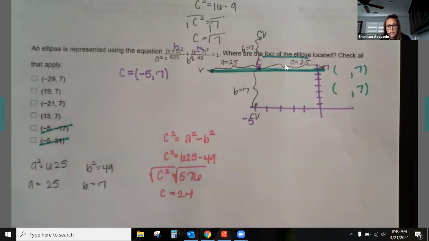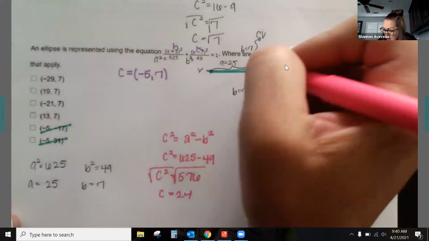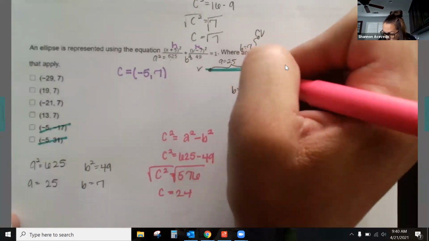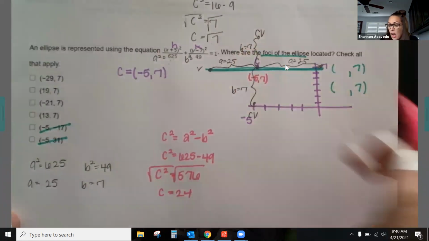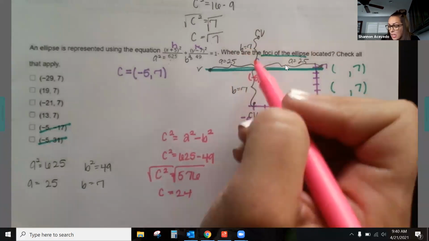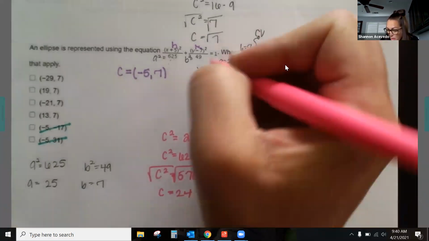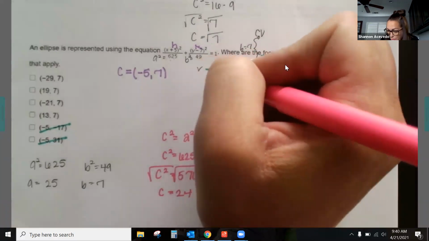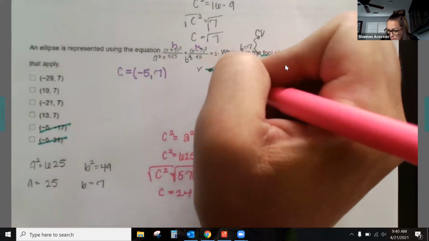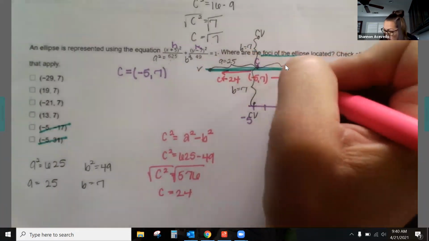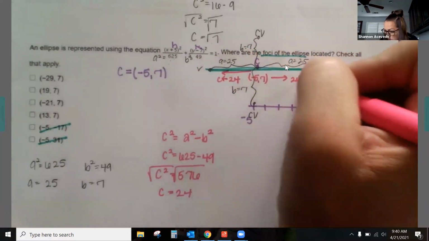Okay, so what does this mean? My center, again, is at -5, 7. If I want to figure out my foci, I need to go to the left my C value of 24. So I'm going to go left 24, and I'm going to go right 24.